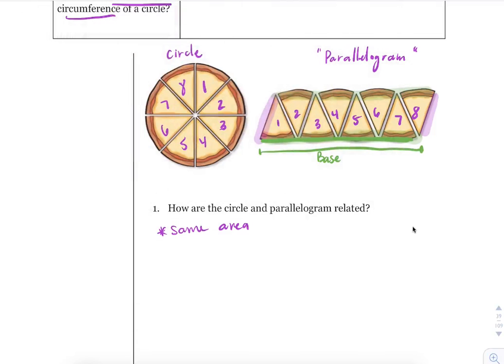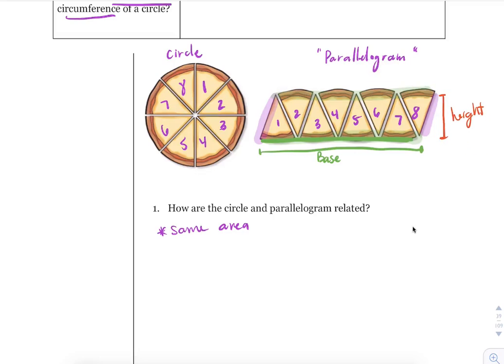Times the height, how tall it is here. Now the height is unique, because this height here, when you notice I put it right over the parallelogram, the height is the same as the radius of the circle.